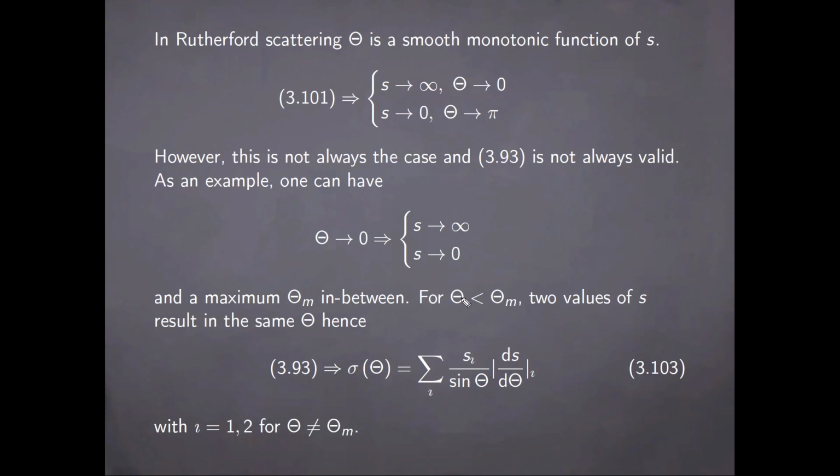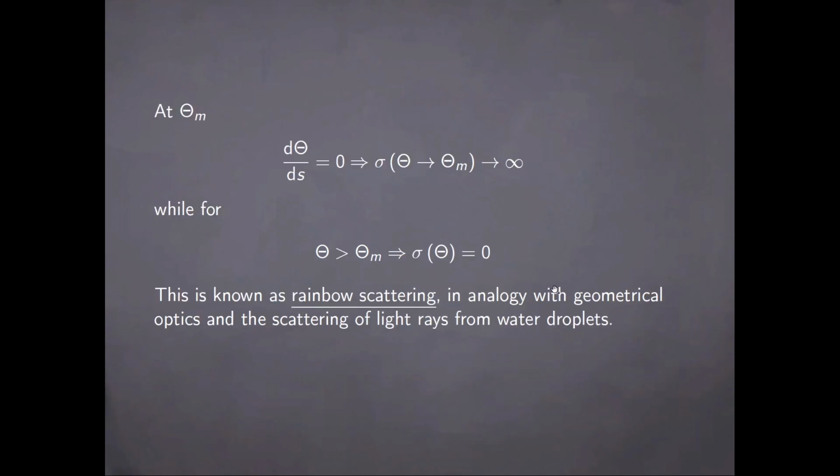For scattering angles smaller than this maximum value, two values of the impact parameter result in the same scattering angle, and hence equation 3.93 has to be replaced by a differential cross-section given by a sum of such expressions, where the index i takes two values for angles that are different from the maximal scattering value.